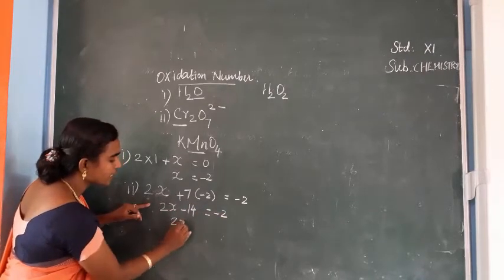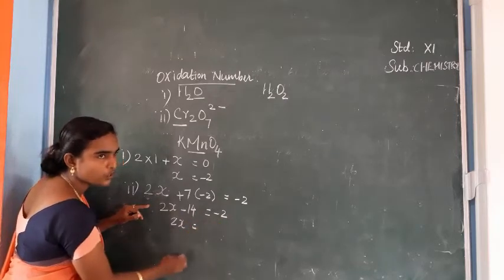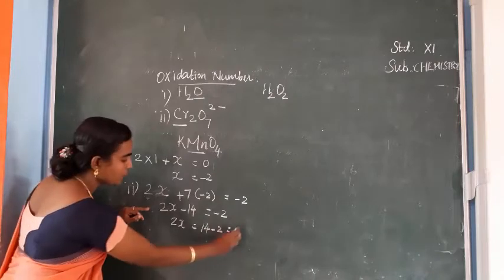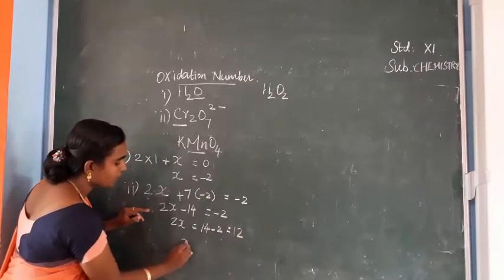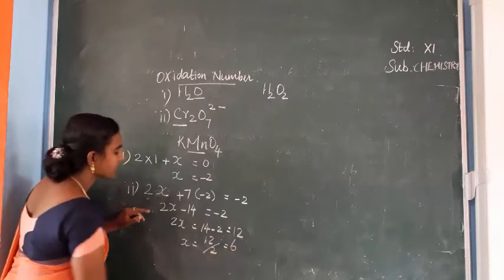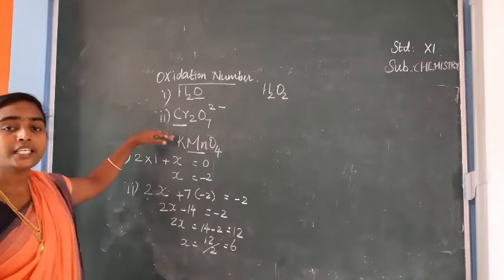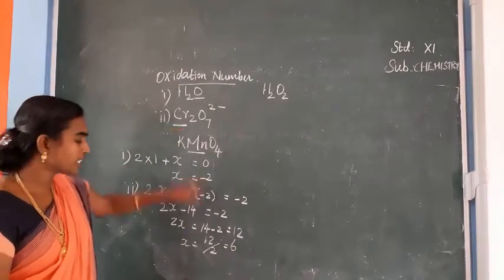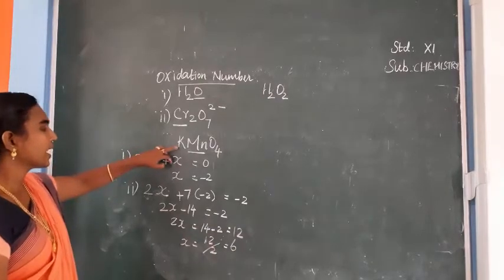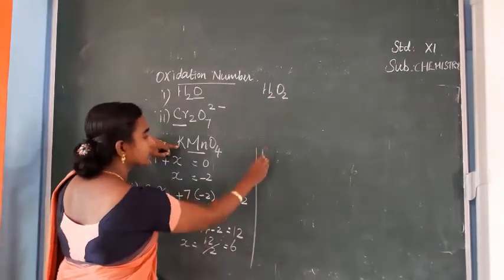So 2X is equal to 14 minus 2, it is equal to 12, isn't it? So X equals 12 divided by 2, we are getting 6. So the oxidation state of chromium in dichromate ion is plus 6. Is it clear, students? So next, KMnO4. The same way you can calculate, that is for the third compound.